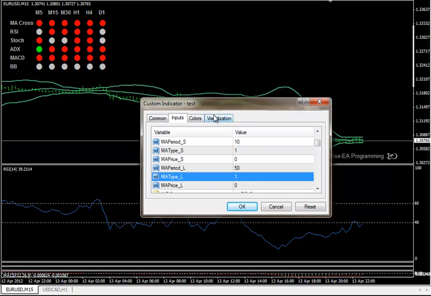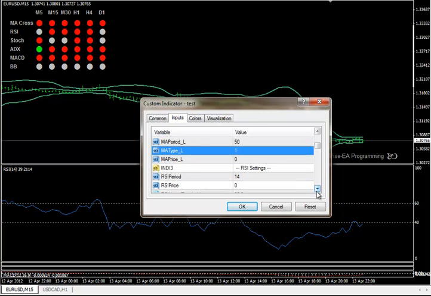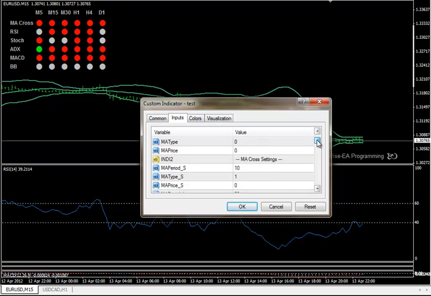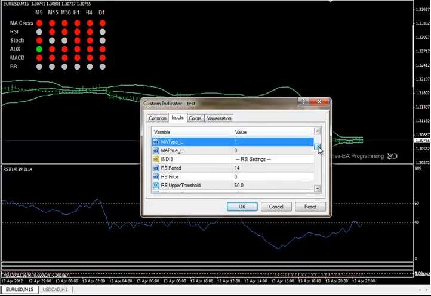The logic is, if on that particular time frame it shows red, that means it's down. Down means the short moving average is below the long moving average. If the short moving average is above the long moving average, that means it's uptrend. Then its display will be green.